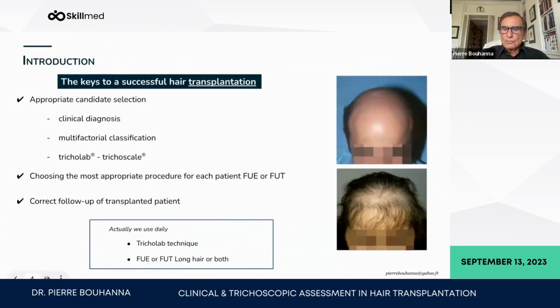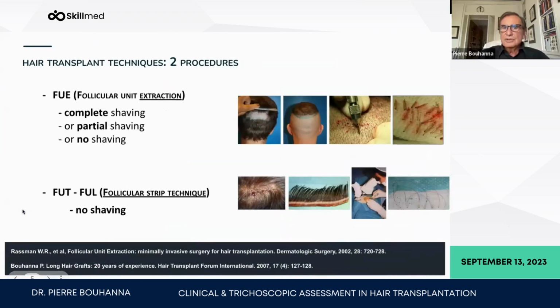So actually, we use two procedures which are well known. The FUE, follicular unit extraction. We use a motor punch, with punches from 0.7 to 0.9. And after a careful anesthesia, we harvest each follicular unit one by one.